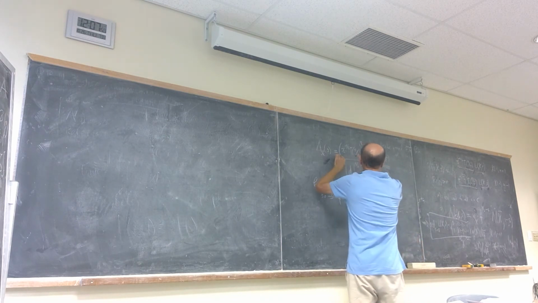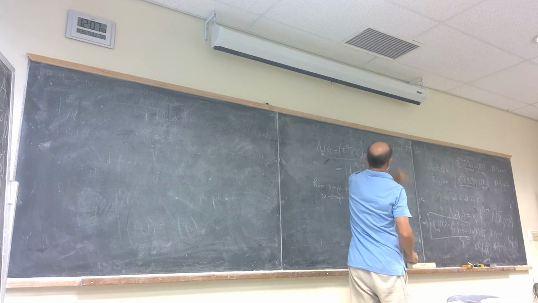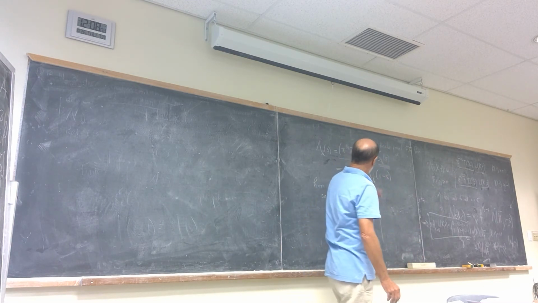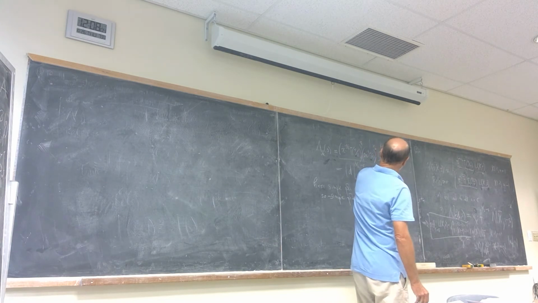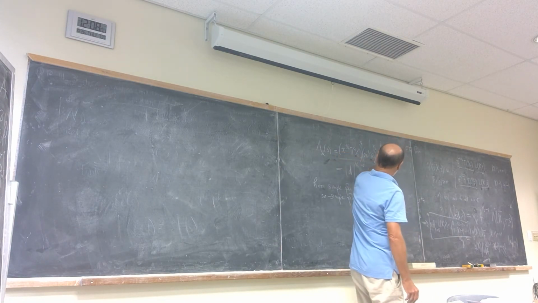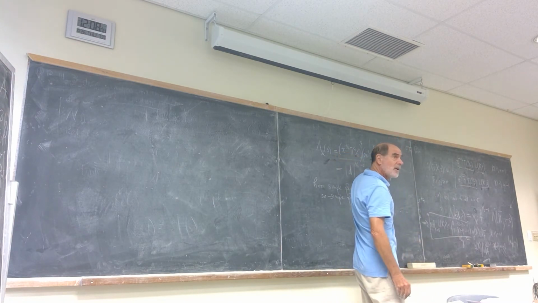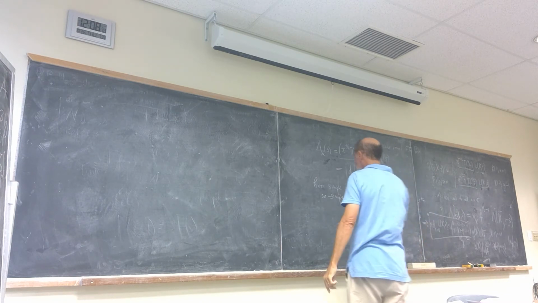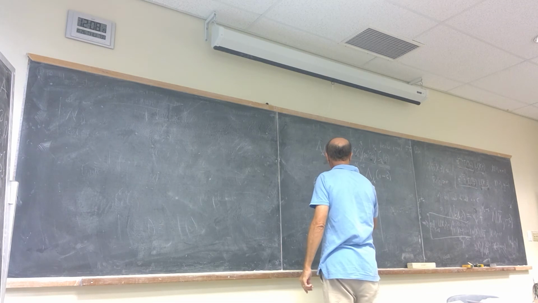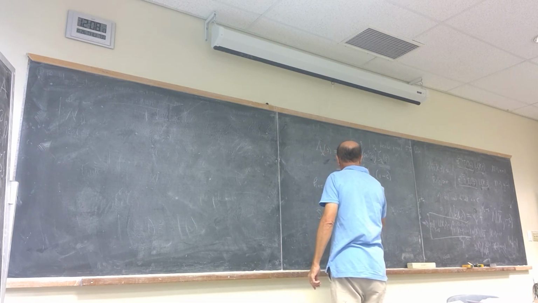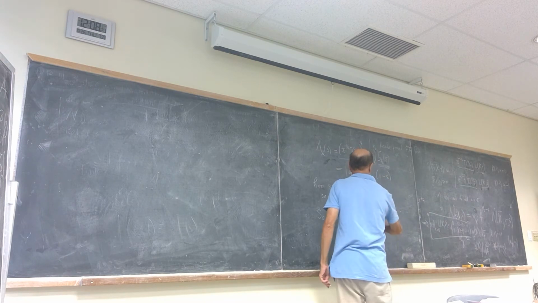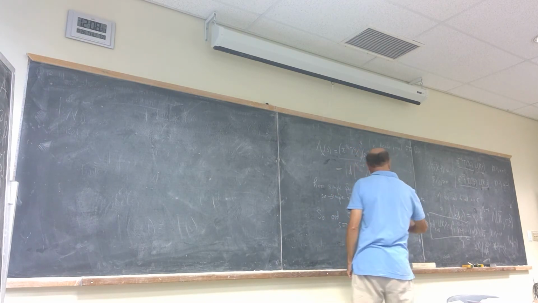So this product has a pole of order R1 plus R2, but this whole thing is supposed to have a pole of order 1. So this has to have a zero of order R1 plus R2 minus 1. So the order at s equals 0 of zeta k of s is R1 plus R2 minus 1 by the functional equation.